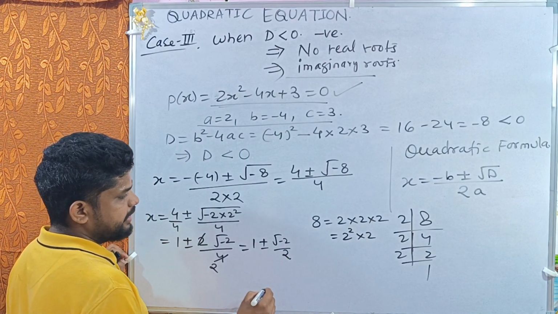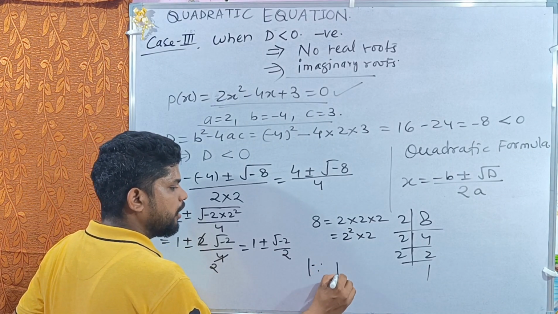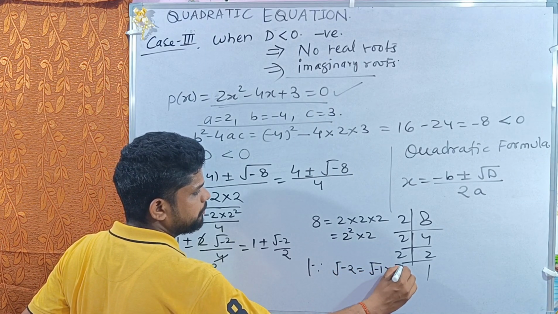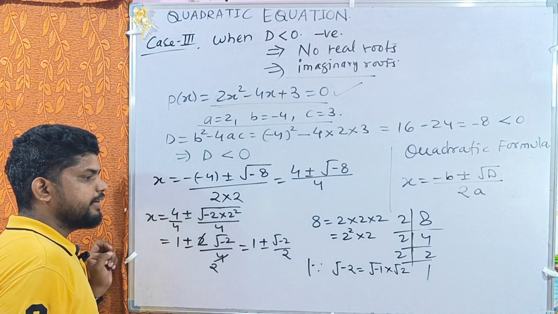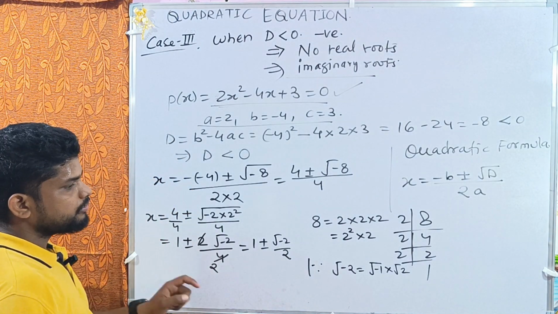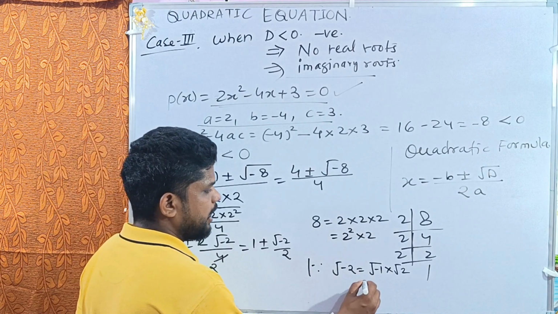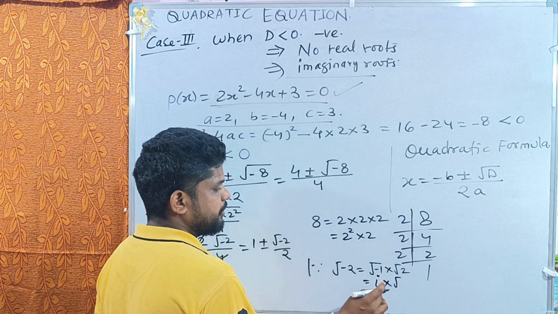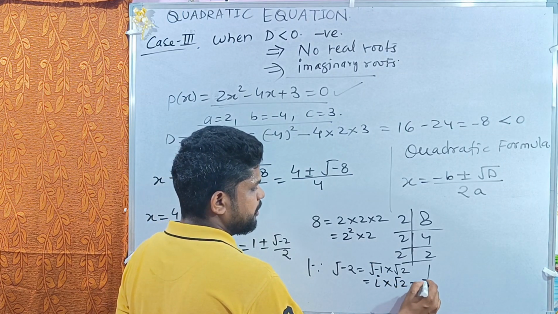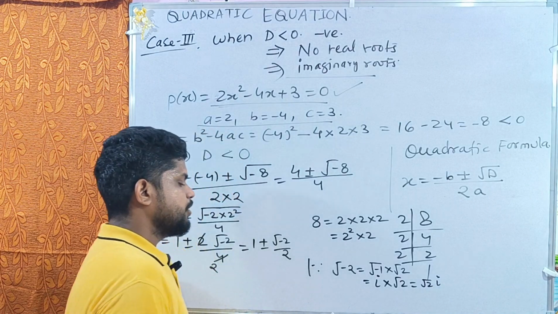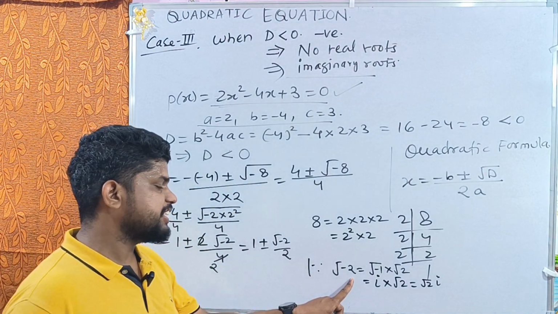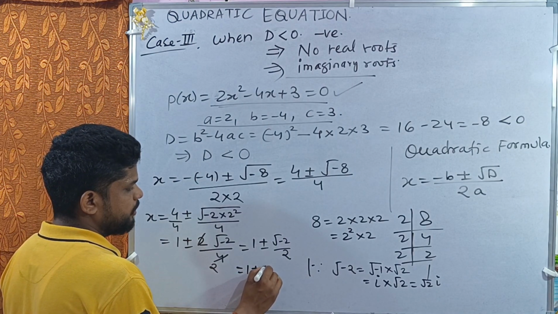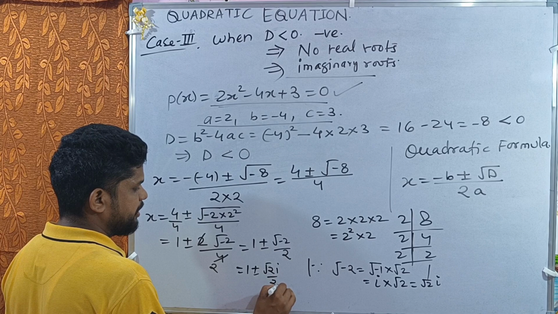Here we can write minus root 2 as a product of minus 1 into root 2, and we know that root minus 1 is iota, so root minus 2 can be rewritten as root 2 iota. So I can write this as 1 plus minus root 2 iota divided by 2.